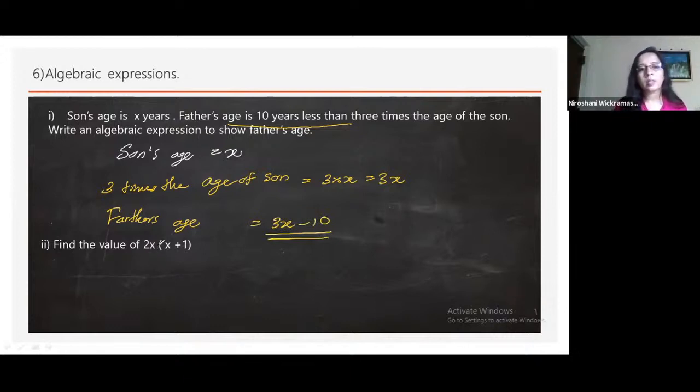So 3x minus 10. Find the value of 2x(x plus 1). This means you have to expand the brackets. 2x(x plus 1): 2x into x, 2x squared, 2x times 1, here you can write 2x.